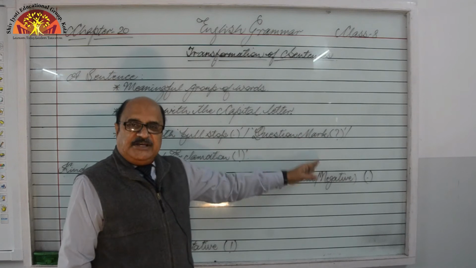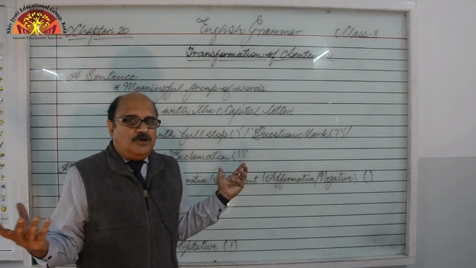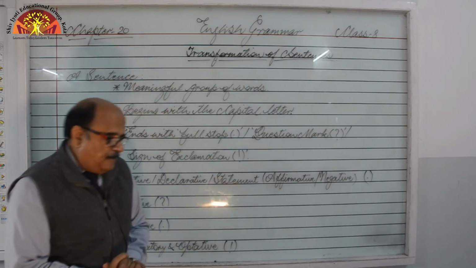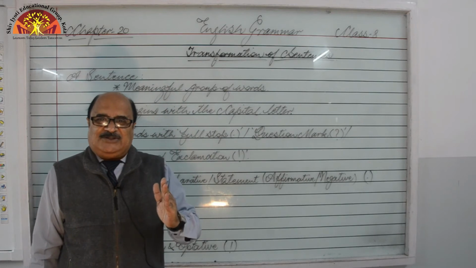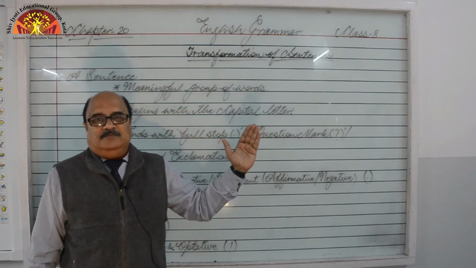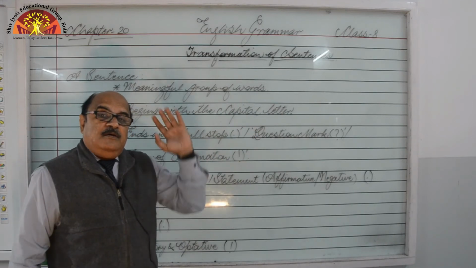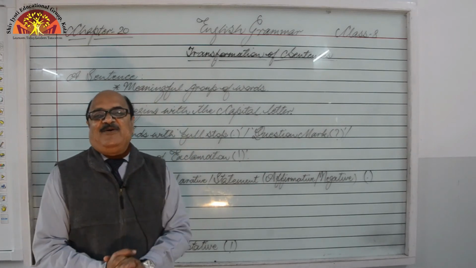And if we are allowed to change the meaning, then he is tall, he is not tall, right? Suppose Rahul is tall. Rohan is not tall. So what to say? Rohan is not so tall as Rahul.